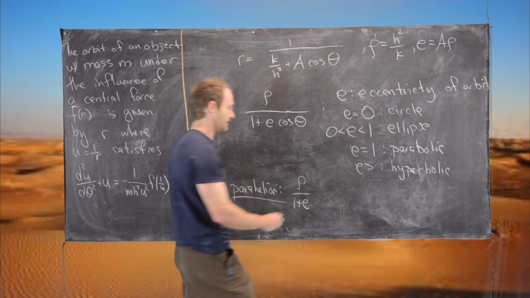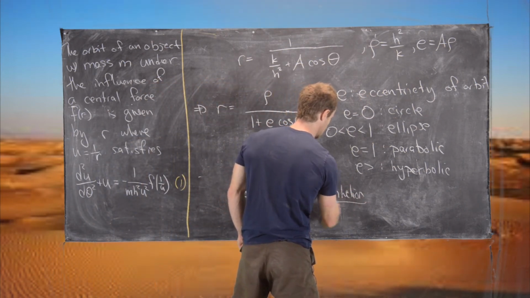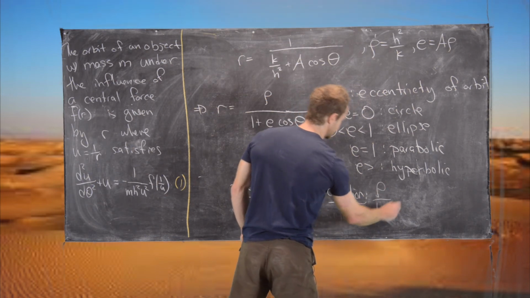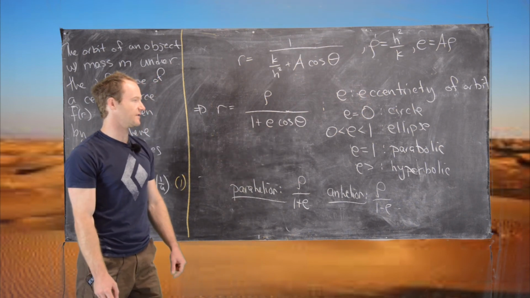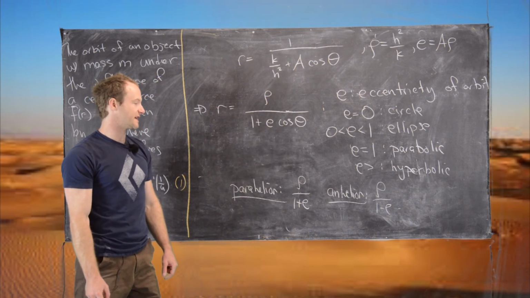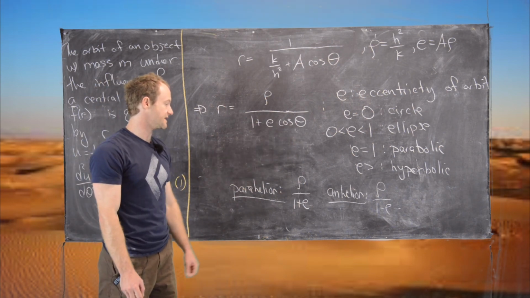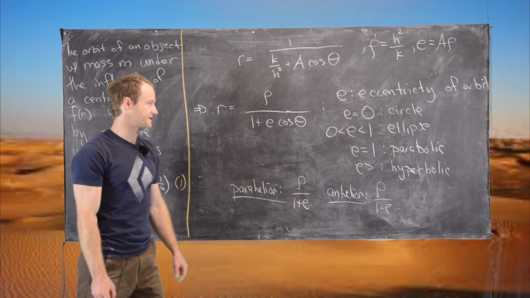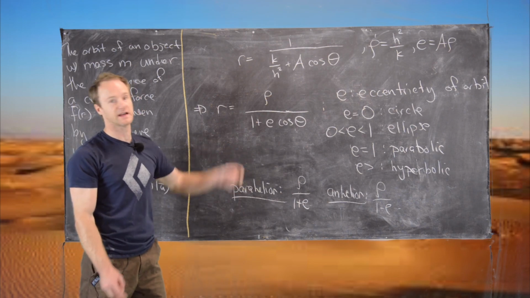Okay, good. And then the aphelion, which is given by the largest distance, is rho over 1 minus e. And now notice that can easily be given by different values of this angle. So if we take theta so that cosine is 1, we get this. And if we take theta so that cosine is negative 1, we get the other one. Okay, good. So that's the end of this example.